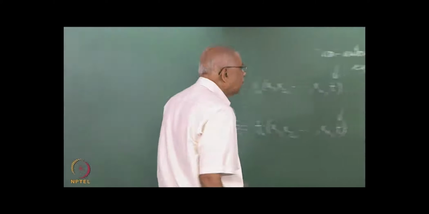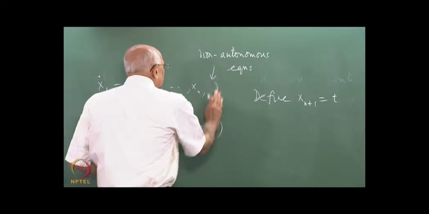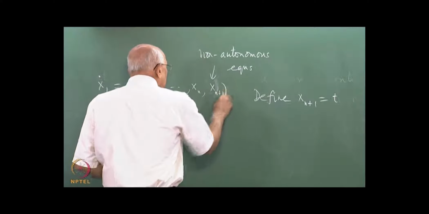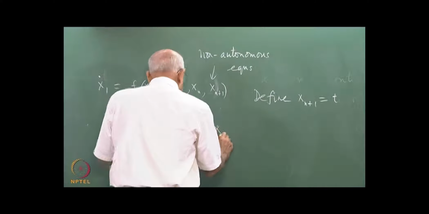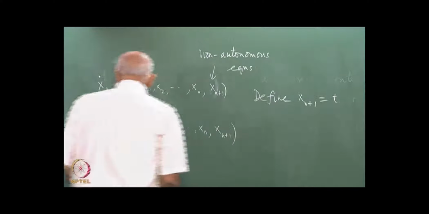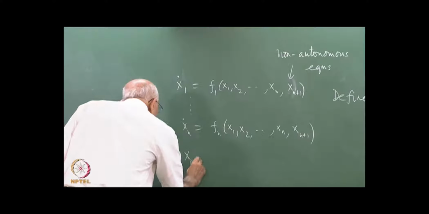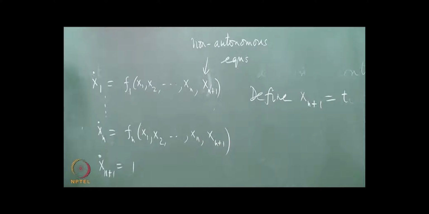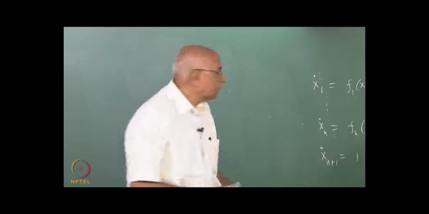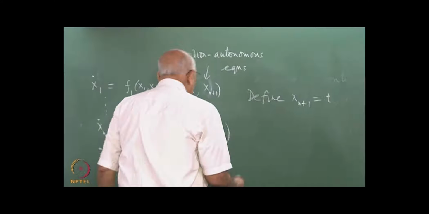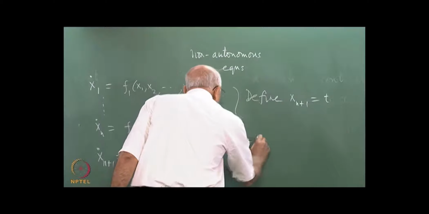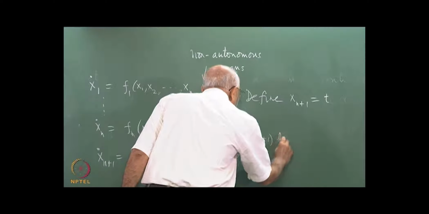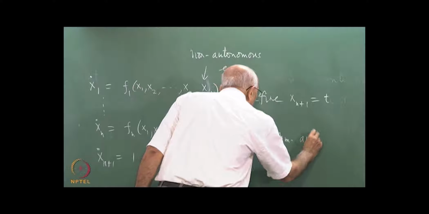Formally, if I define xn plus 1 equal to t, then I could simply write these things down in terms of all n plus 1 variables. And I have a final equation which is xn plus 1 dot equal to 1 identically. And that looks like an autonomous system where there is no explicit time dependence. So, this looks like an n plus 1 dimensional autonomous system.